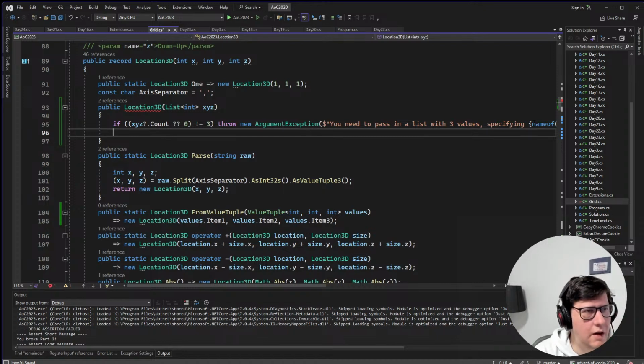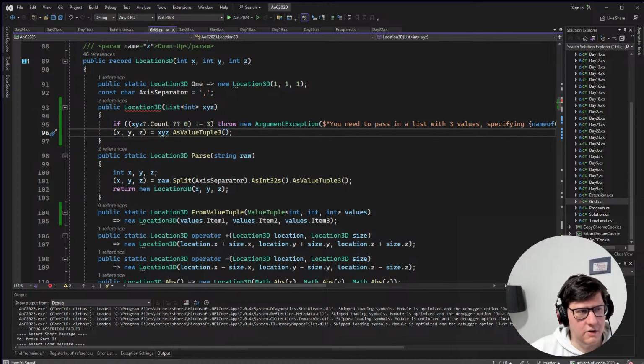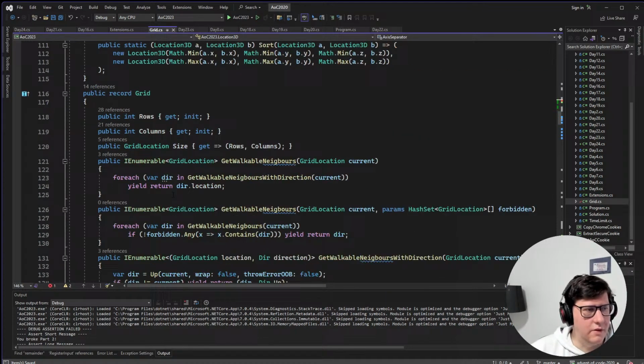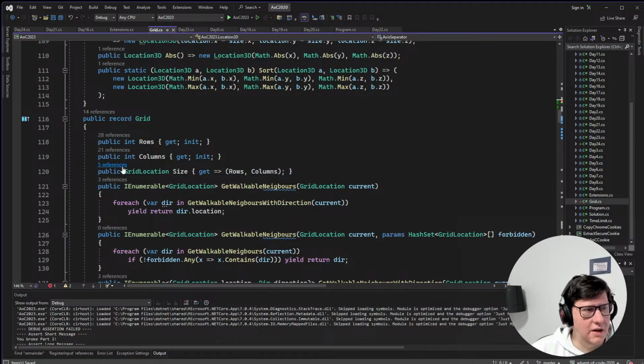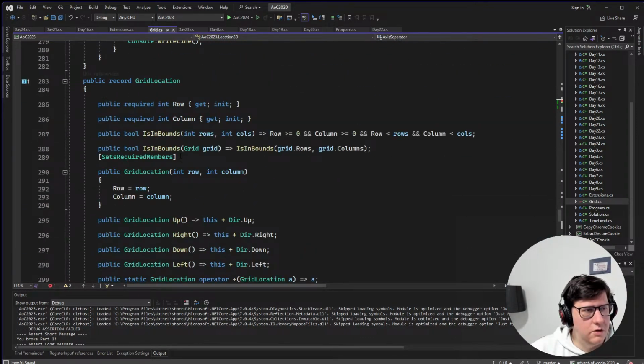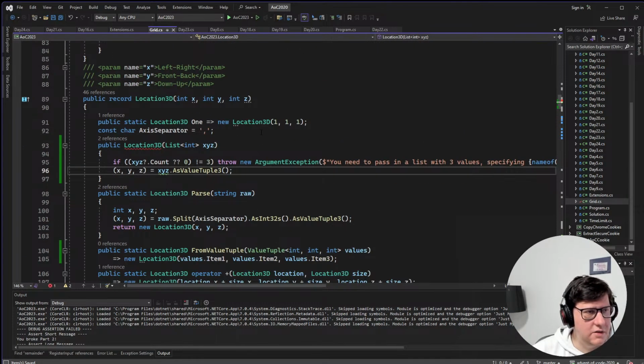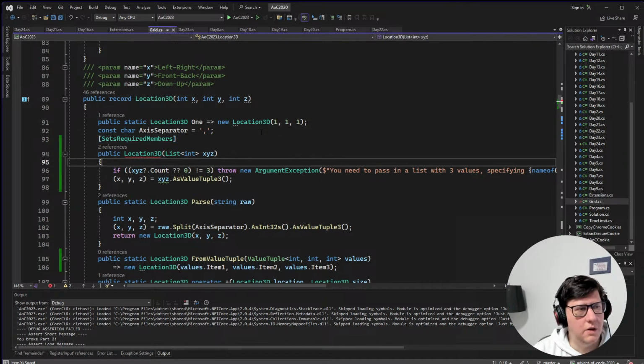Otherwise, I can do X is XYZ. Actually, I can do XYZ is xyz dot as value tuple 3. This is my deconstructor. And now I need to have the attribute there that says I satisfy all the things. Here, SetsRequiredMembers, like this, would accept that.